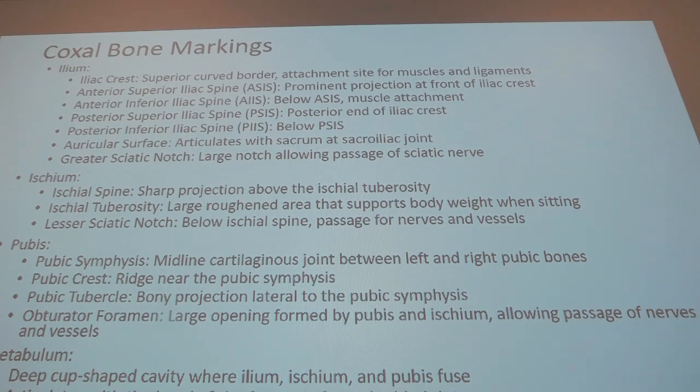So here are the markings of the coxal bone. For the ilium, we have a crest that runs superiorly in the ilium bone, from the anterior superior iliac spine to the posterior iliac spine. It is a little bit broad.